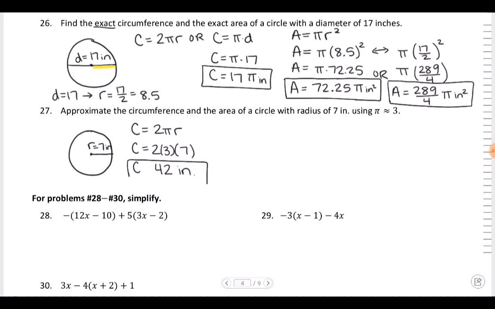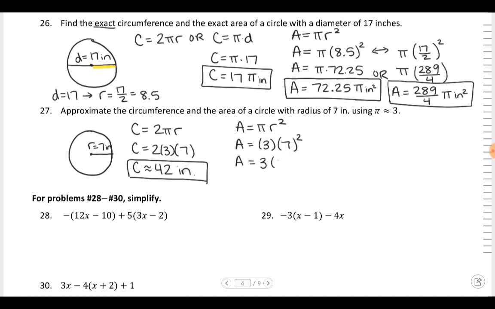And I'm going to actually put a squiggly equals for approximate. Okay, and then for the area, we are using pi r squared. So in place of pi, I'm going to put in the 3. And in place of the r, I'm putting in 7. So 3 times, remember exponents have to come first.